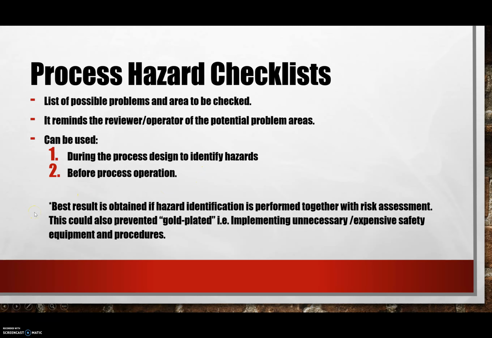Because when you prevent gold plating, in other words, you try to avoid implementing unnecessary or expensive safety equipment and procedures. That's what we call a gold-plated scenario. For example, you already design your reactor.